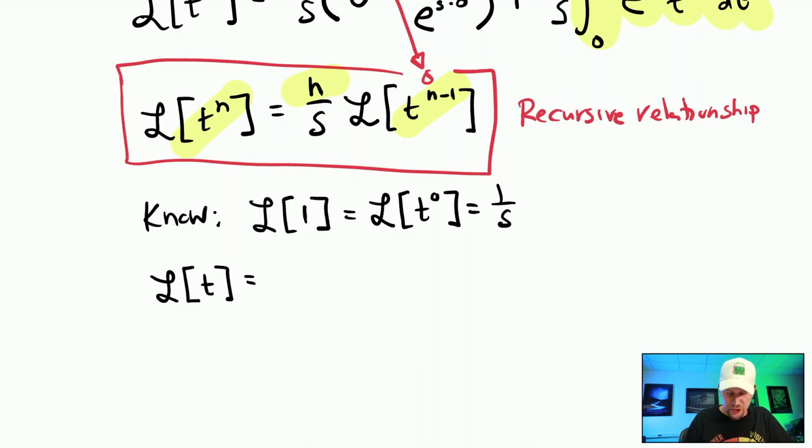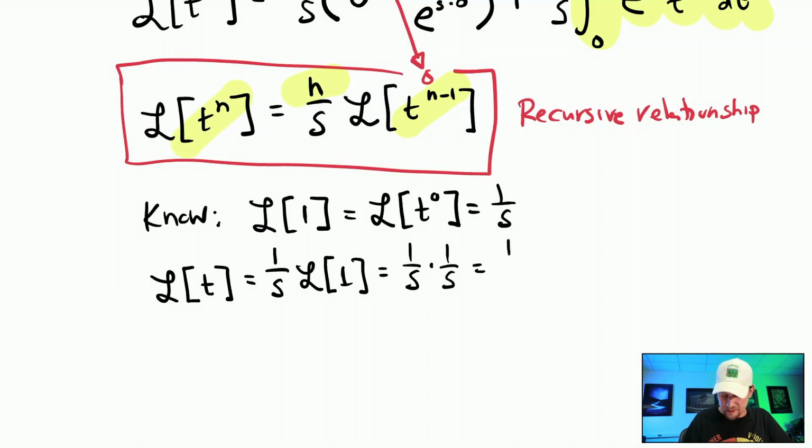According to this recursive relationship, notice that n is equal to 1. So we would have 1 divided by s times the Laplace transform of 1, which we actually know, right? We can plug that in. So we have 1 over s times 1 over s, and this is actually 1 over s squared.